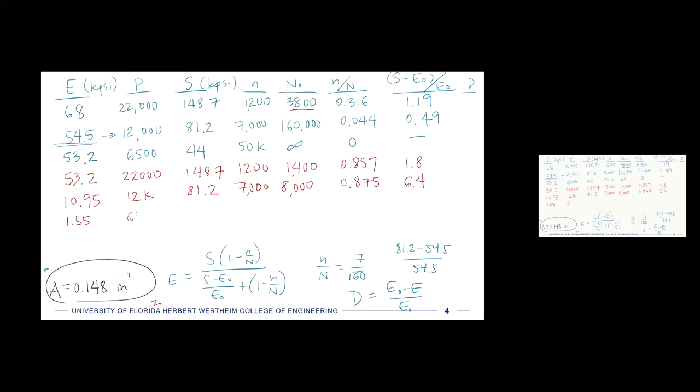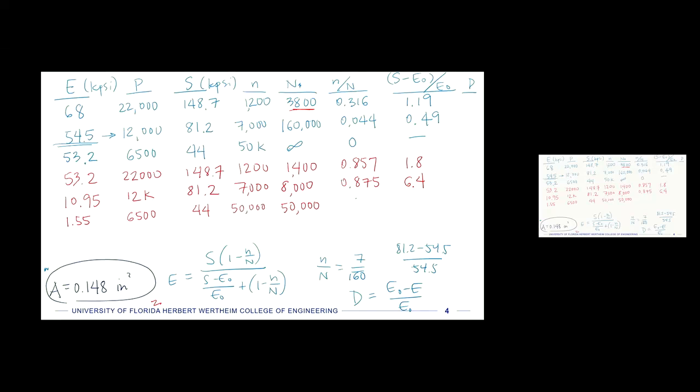Load is 6,500. Stress is 44. Uh-oh, that doesn't look good. If we are applying 44 kpsi and our endurance limit is 1.55, that's not expected to last very long. It would be expected to last, I think it just hits 50,000, and we are trying to apply 50,000.